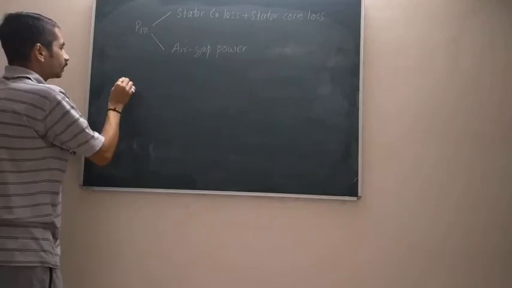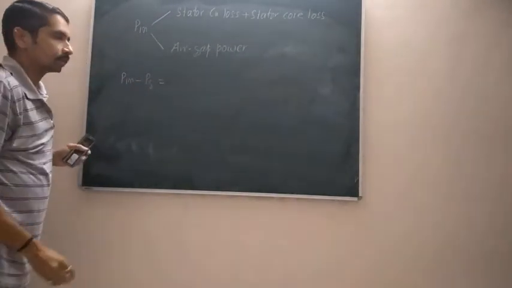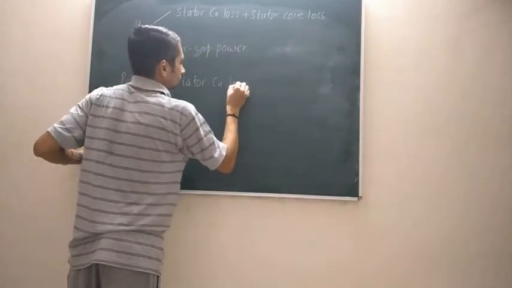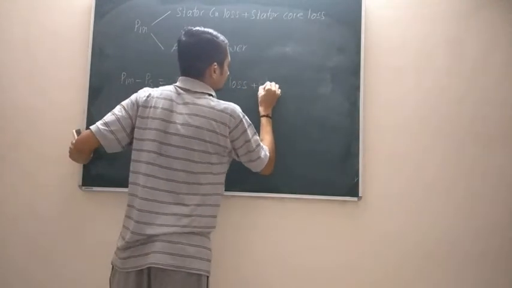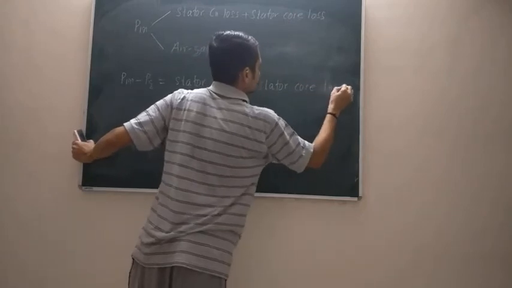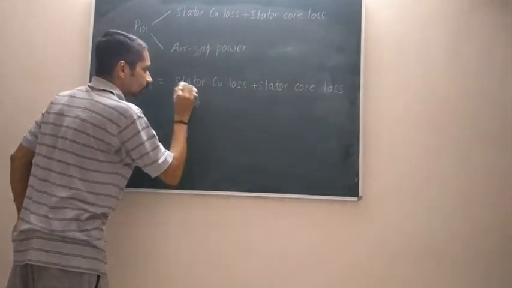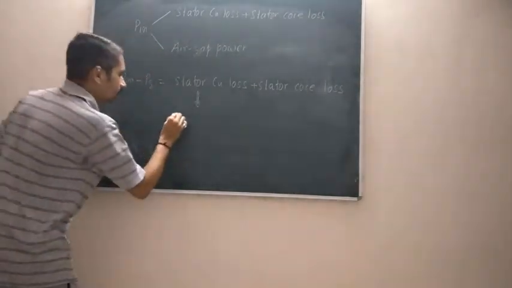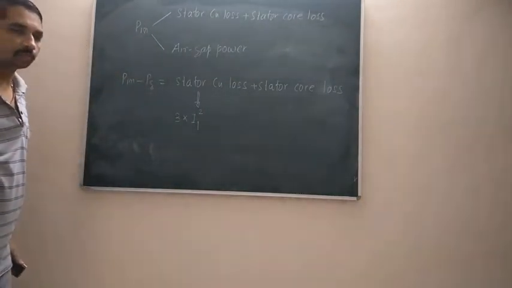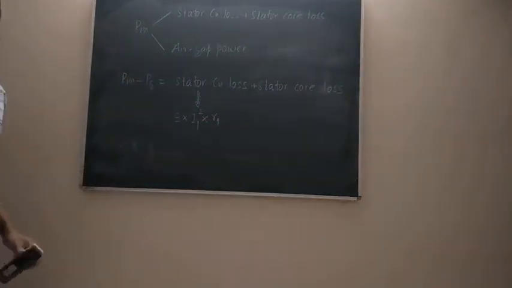In another way, P_in minus Pg will give me the stator copper loss and the stator core loss. Again, the stator copper loss can be calculated as 3 times I1 squared, which is the stator input current, multiplied by the per phase stator resistance, that is R1.